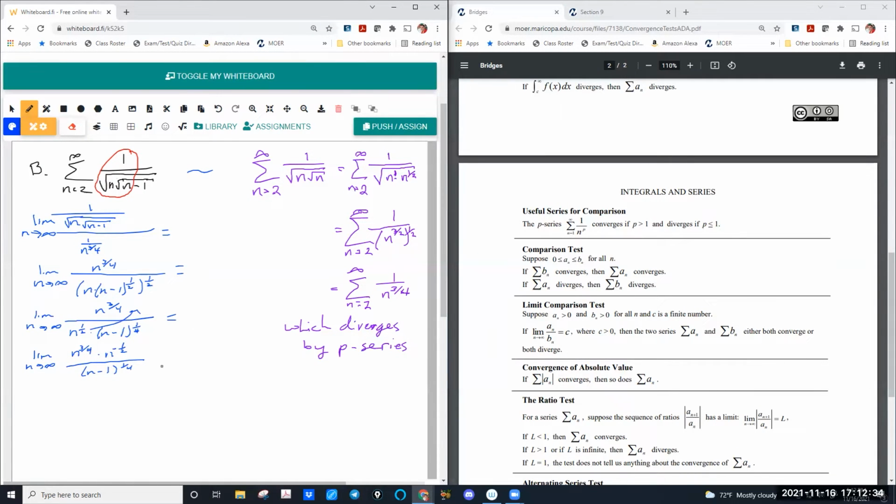Now remember, our goal is to get this limit to become some kind of non-zero constant. This will work out really nice because basically n to the 3/4, let's put this over on the side, times n to the negative 2/4. Multiplying those, we add their exponents, becomes n to the 1/4.